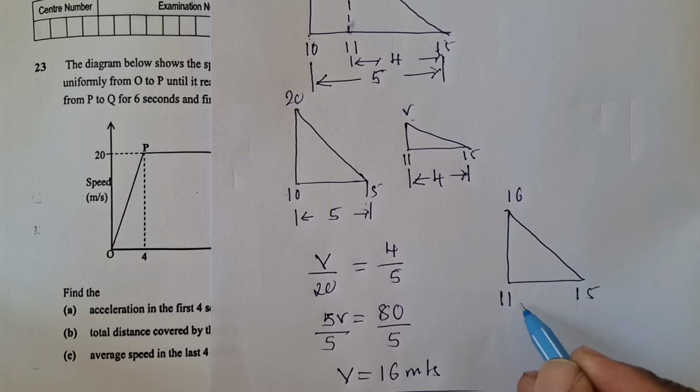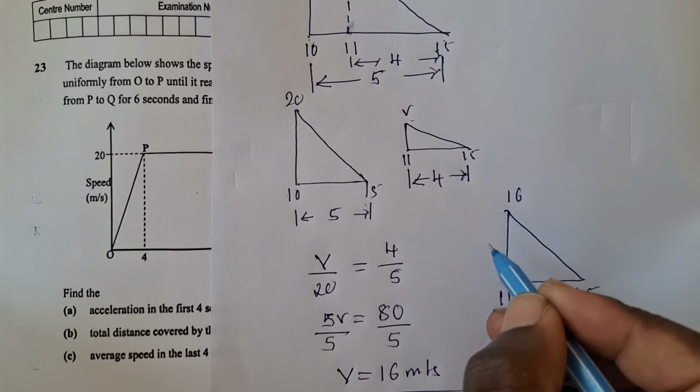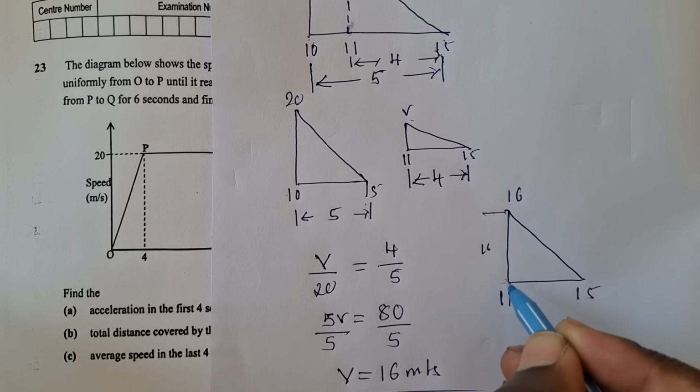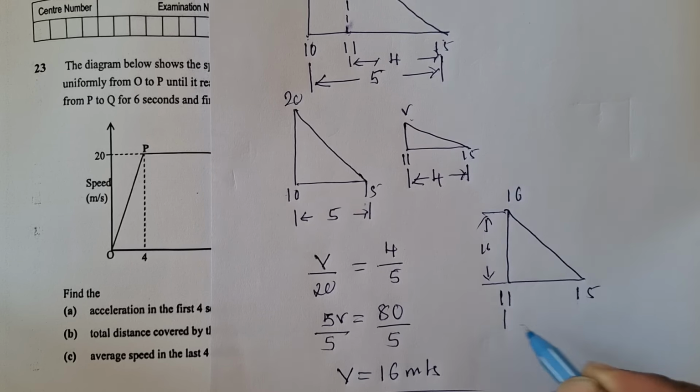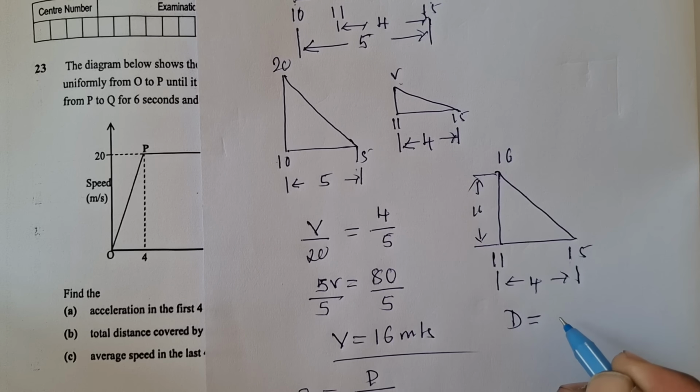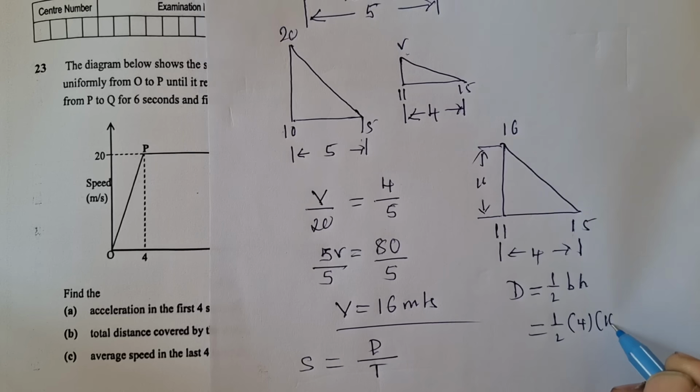So in the triangle, from here to here it's 16, the height. And from here to here, that is a 4. When finding the area of a triangle, this we call distance. It's equal to 1 over 2 BH. So you say 1 over 2, what is our B? It's a 4. What is our H? It's a 16.